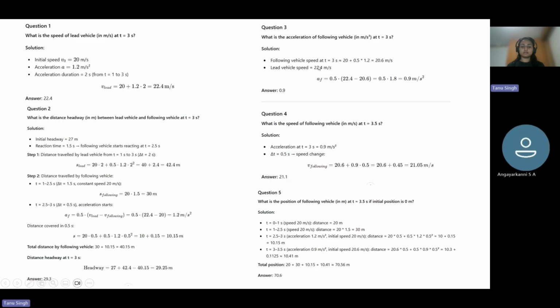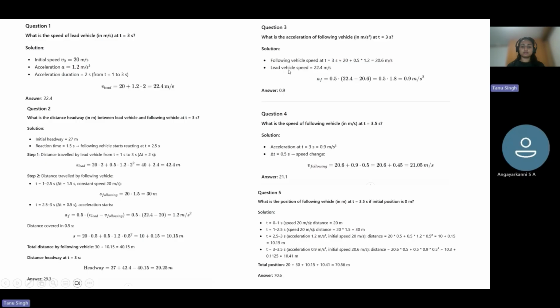Using the car following model, the acceleration equals sensitivity into the relative speed between the following and the leading vehicle. So we have the following vehicle speed at 3 seconds as 20 plus 0.5 into 1.2, that is 20.6 meter per second.